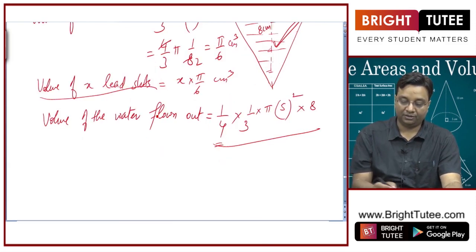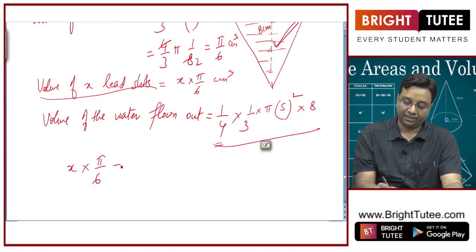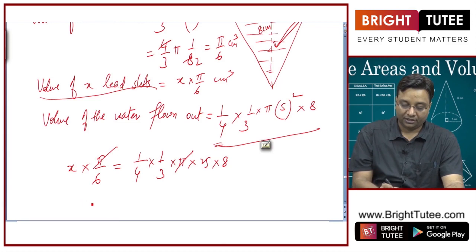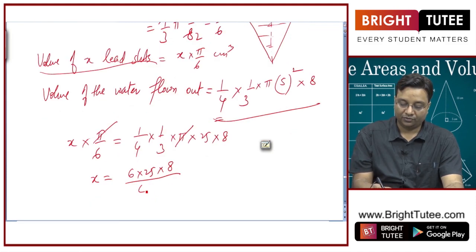Okay, so we will put these equal. So X into pi by 6 is equal to 1 by 4 into 1 by 3 into pi into 5 square is 25 into 8. Okay, this pi can be cancelled out. So X is equal to 6 into 25 into 8 divided by 4 into 3.